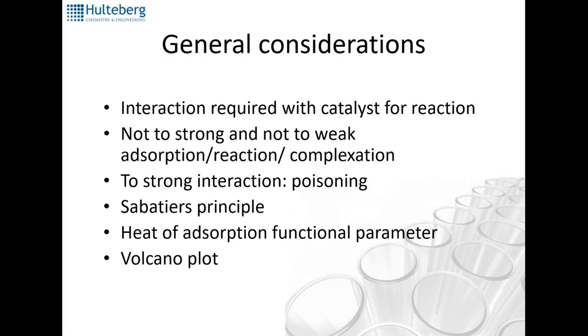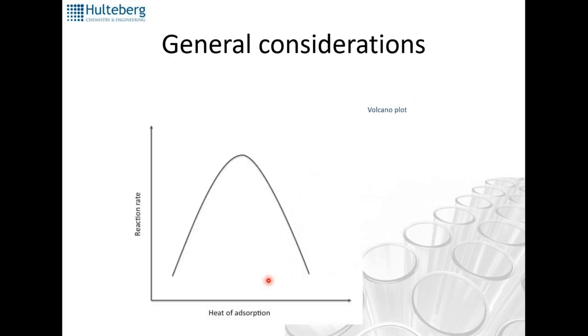This interaction principle, that it's not too strong and not too weak, is usually referred to as Sabatier's principle or the Goldilocks principle of catalysis. We use the heat of adsorption as the functional parameter, and we make these kinds of volcano plots to see where we are. If you have a very low heat of adsorption, you will have very little adsorption of reactants on the surface.